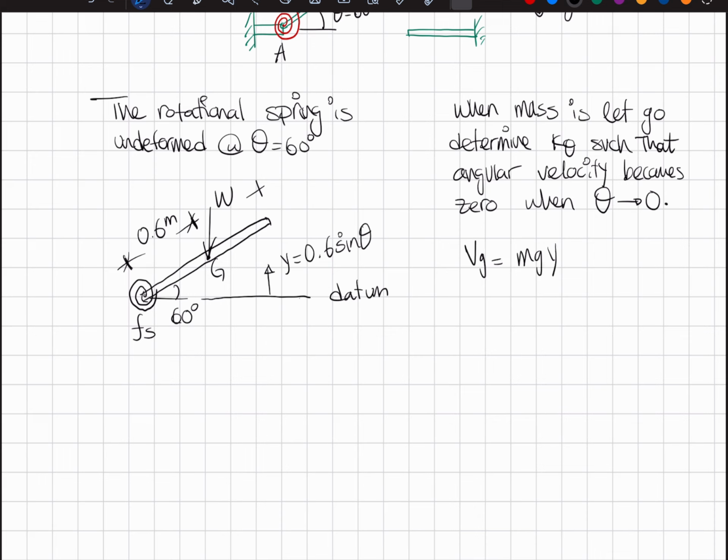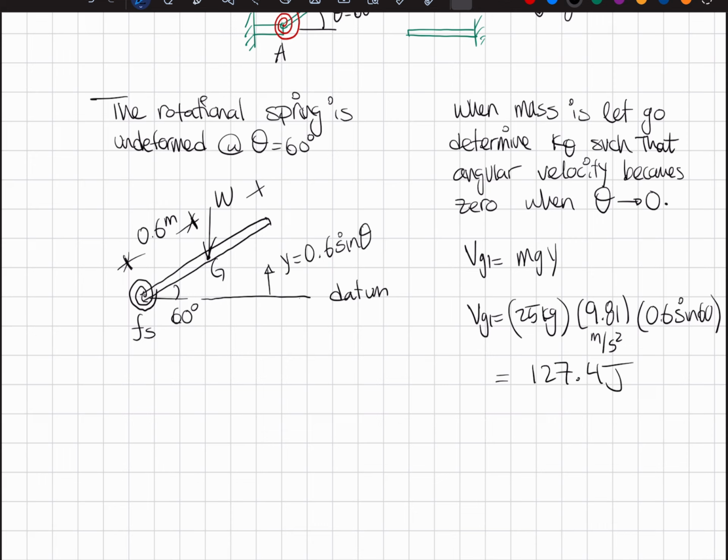So we have this potential energy expression, Vg equals mgy. Let's call this Vg1 because this is for the initial condition. We have 25 kilograms, the mass of the gate. We have 9.81 meters per second squared, the gravitational pull. We have 0.6 sine 60, the vertical elevation for the centroid of the mass. Putting this all together gives us 127.4.